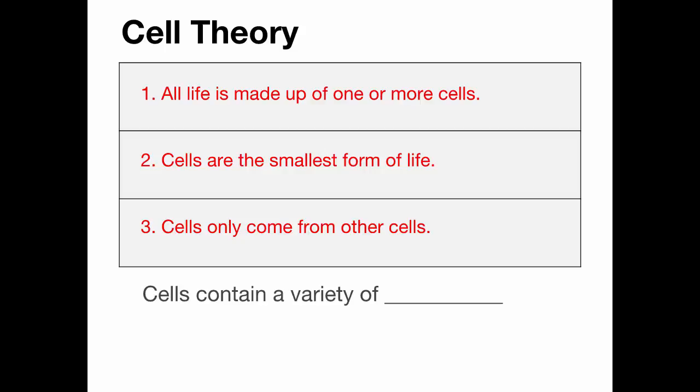Well, even within a single cell, it actually has smaller parts within it that have certain jobs to do. We call these things cell organelles. So they're a part within a cell with a specific function.